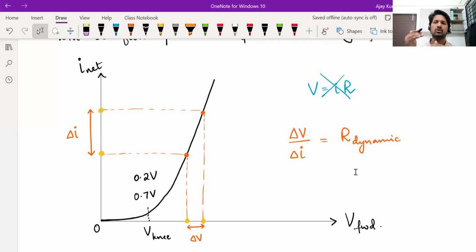There will be a limit to the voltage that you can apply in forward bias. Beyond that, it will result in too much current, which the material won't be able to withstand, and the junction will get damaged. It will get burnt. So there is a limit to the forward bias voltage that you can apply. There is a limit to the forward bias current that can be produced through a PN junction.